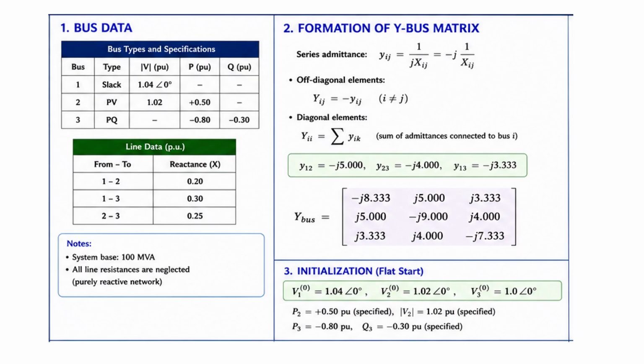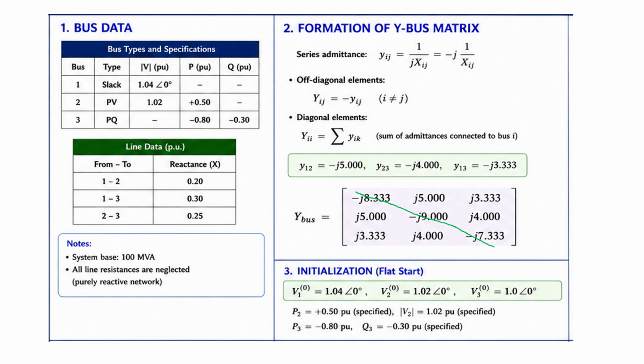So proceeding to Y-bus matrix formation, very simple and straightforward. The diagonal element is obtained as the summation of all admittances connected to the bus. So for bus 1, we have Y12 and Y13.